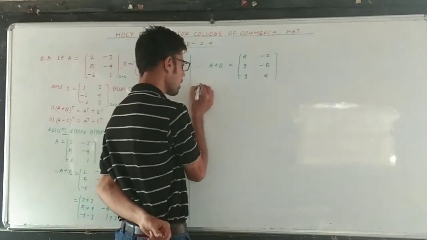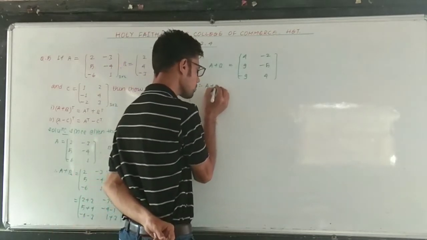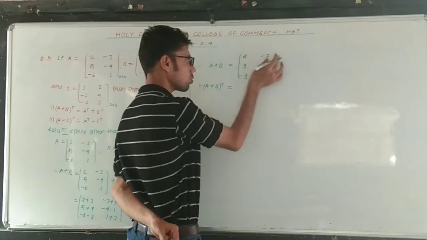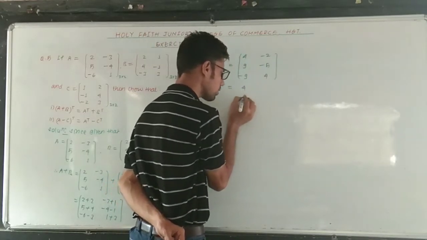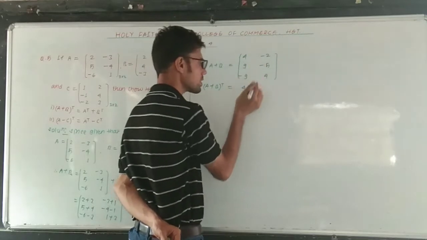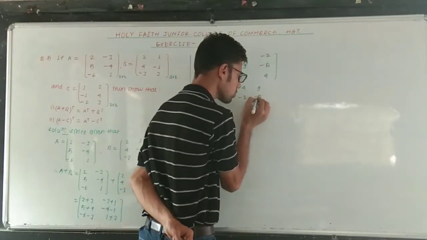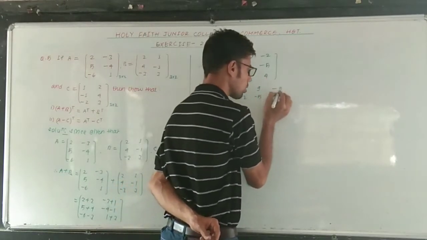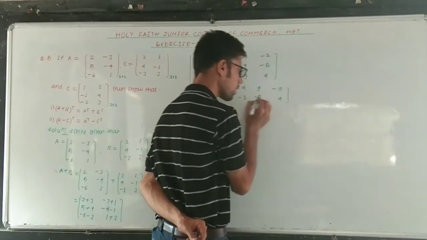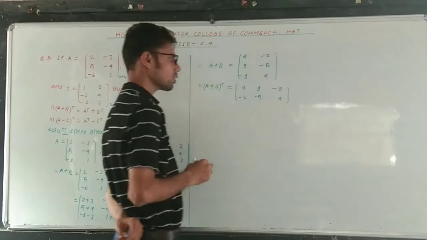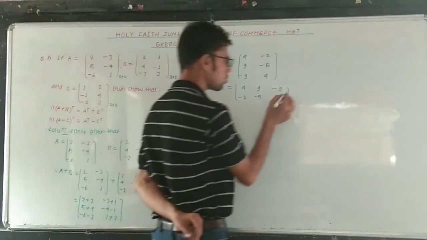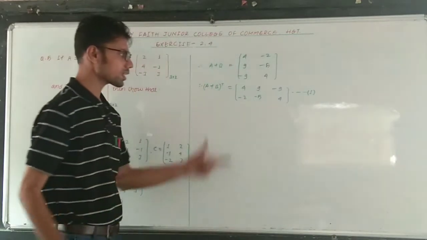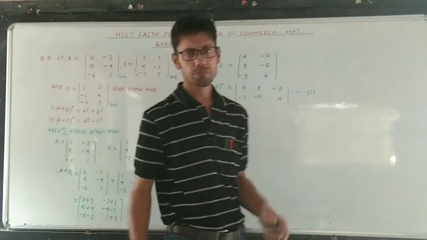Therefore (A plus B) power t is equal to: first row 4, minus 2, we write in the first column; second row 9, minus 5, we write in the second column; and third row minus 9, 4, we write in the third column. This is the value of (A plus B) power t, that is transpose of A plus B.